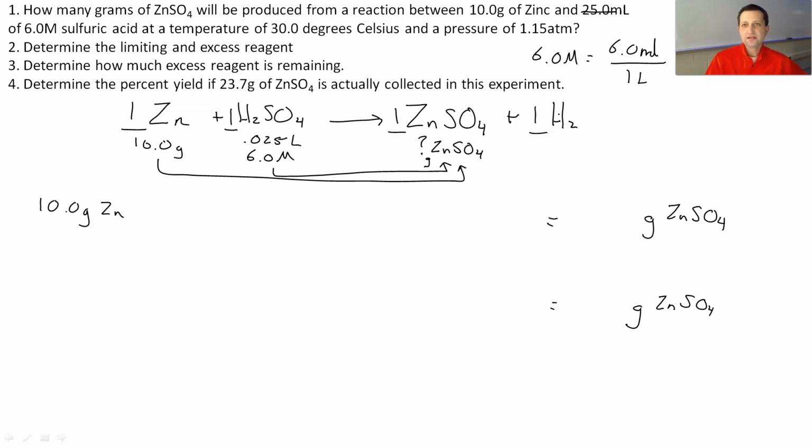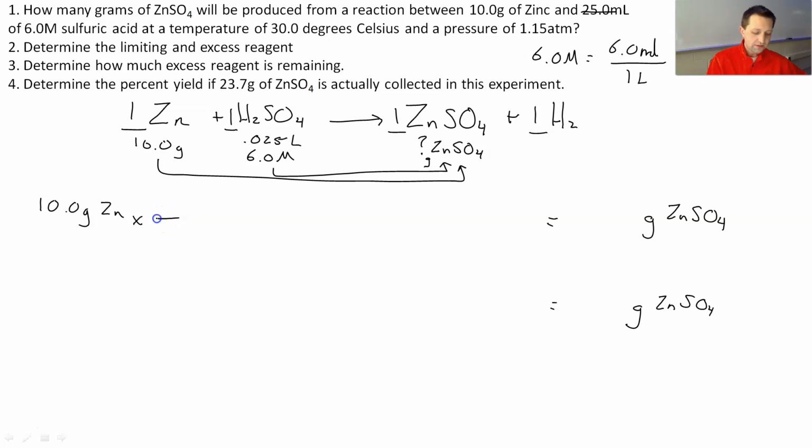So students always end up looking at this and they see those numbers, they jump right into using PV equals nRT, and that's something that you don't want to do unless you have to, right? You don't want to do all that algebra unless you have to, and in this case we're not even dealing with the gas hydrogen at all. Everything else is not a gas here. Zinc is a solid, sulfuric acid is an aqueous solution, and zinc sulfate is an aqueous solution as well. Okay, let's go ahead and figure out the stoichiometry then, and we will go from there.